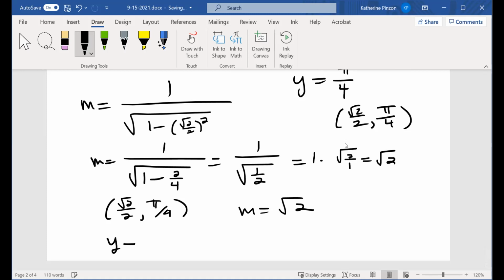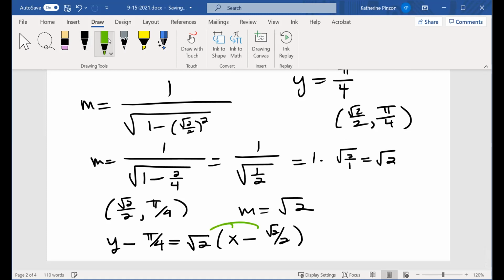y minus pi over 4 equals m, square root 2, times x minus square root 2 over 2. Okay, if I distribute this, I get y minus pi over 4 is square root of 2 x minus 1, because square root 2 times square root 2 is 2, over 2 makes 1.